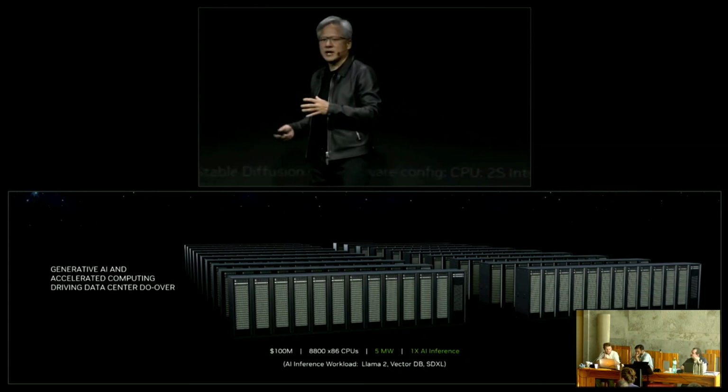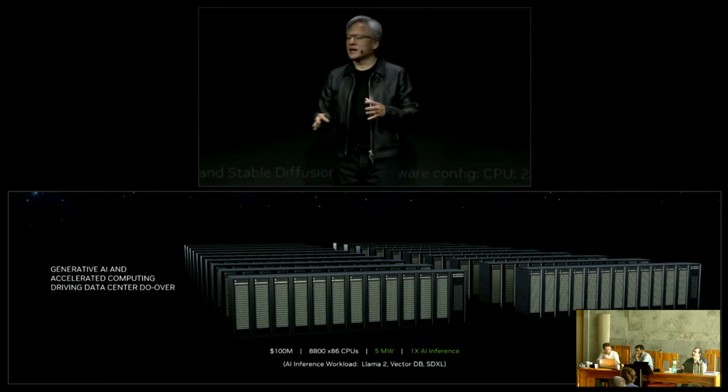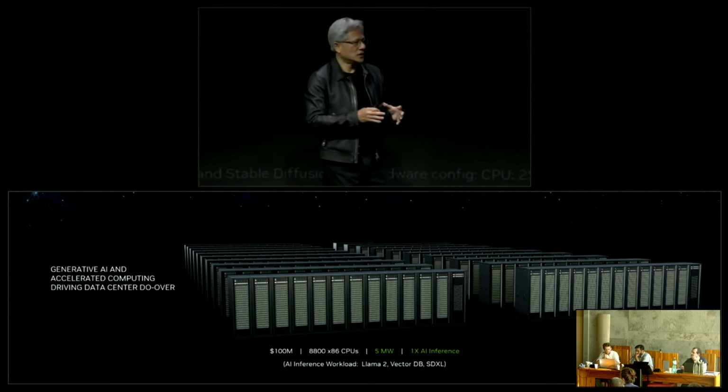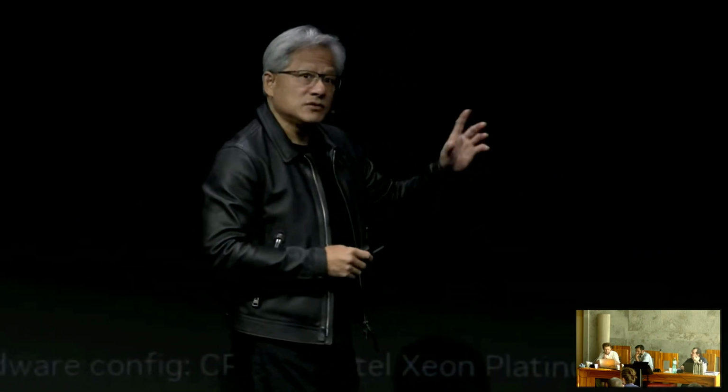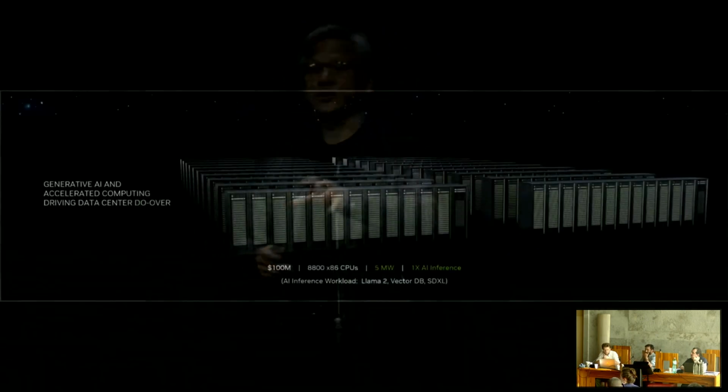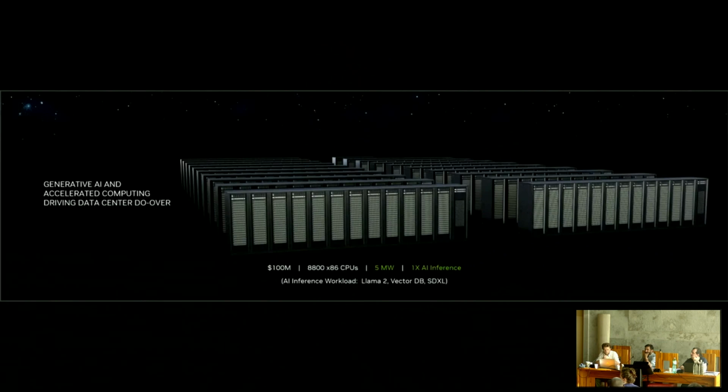It will do the smart query, maybe a smart search, augment that query and search with your question, with your prompt, and generate whatever information necessary. And so the canonical example that I'm using here is a Llama 2 large language model that is being inferenced. It then does a query into a semantic database, a vector database of some kind, and the output of that is augmented and becomes a guide for a generative model.